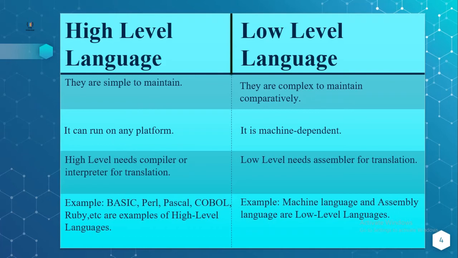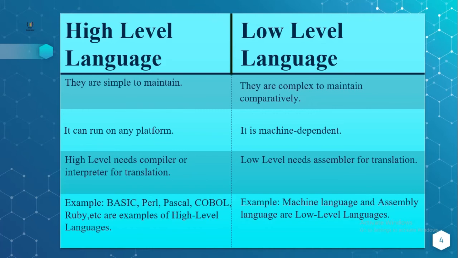High-level language can run on any platform, whereas low-level language is machine-dependent only. High-level language needs a compiler or interpreter for translation, whereas low-level language needs an assembler for translation.